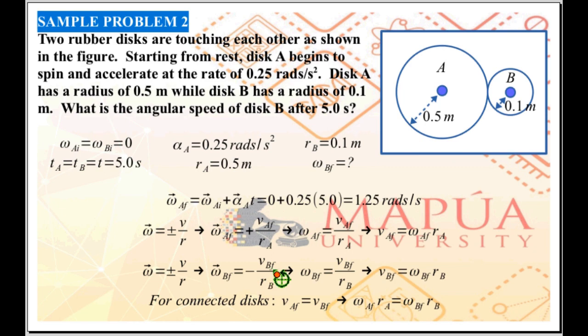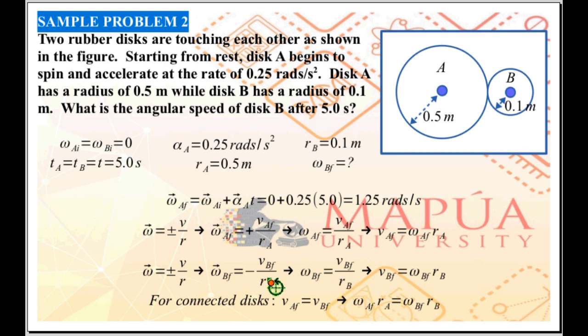And VB final is the final tangential speed of disk B, in particular, the tangential speed of the edge of disk B. Getting the magnitude of omega B final is just given by omega B final is equal to VB final over RB.